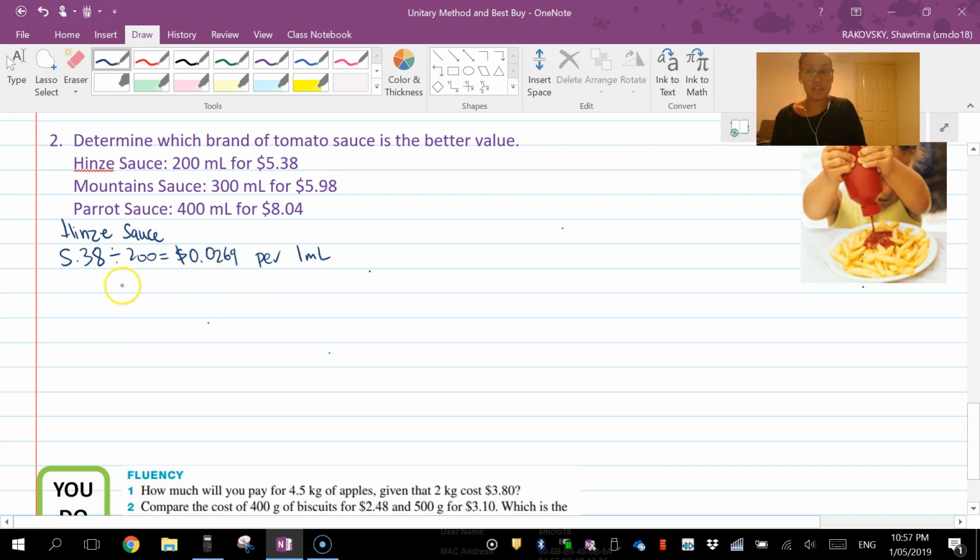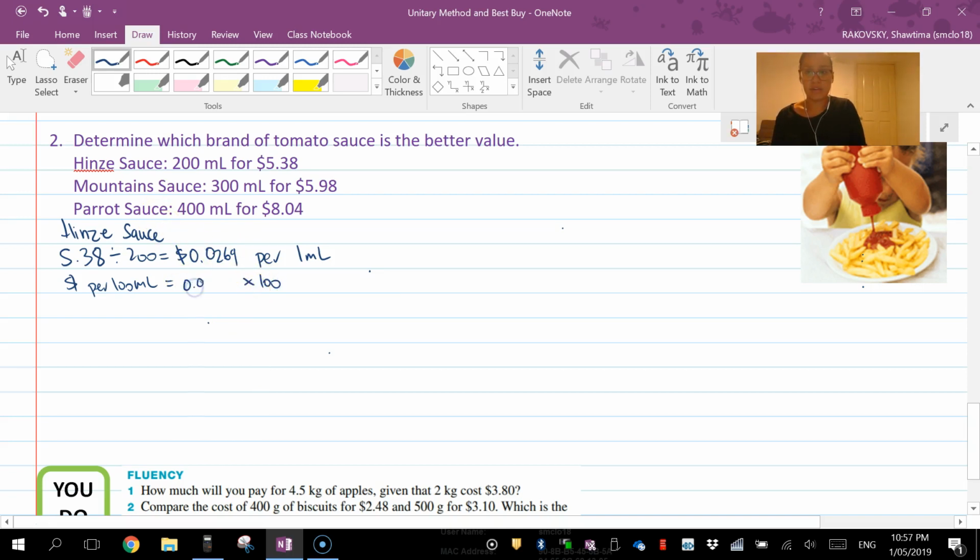Then to find the cost per 100 mils, I'm going to take that cost and multiply it by 100, because I have 100 mils.